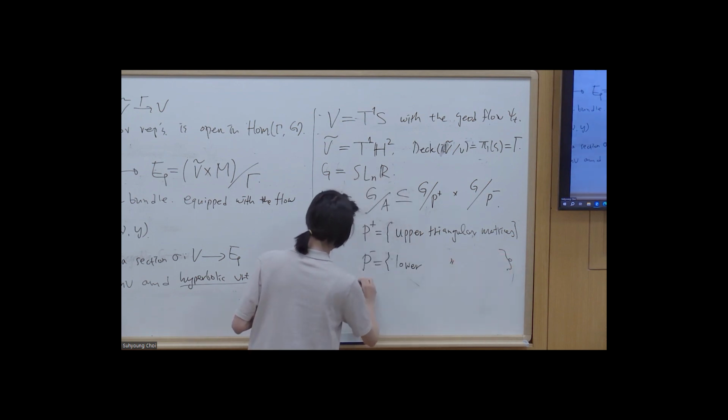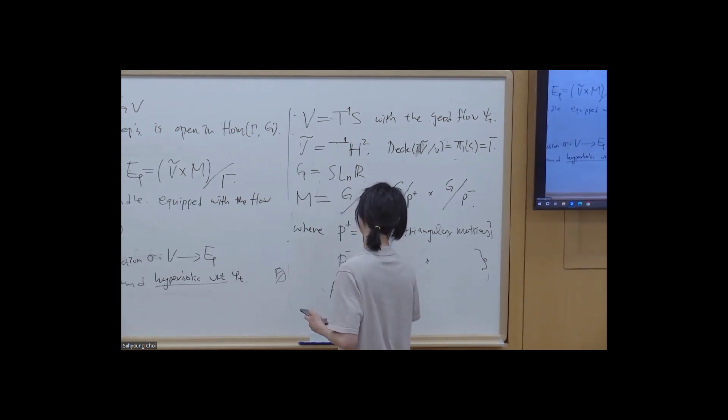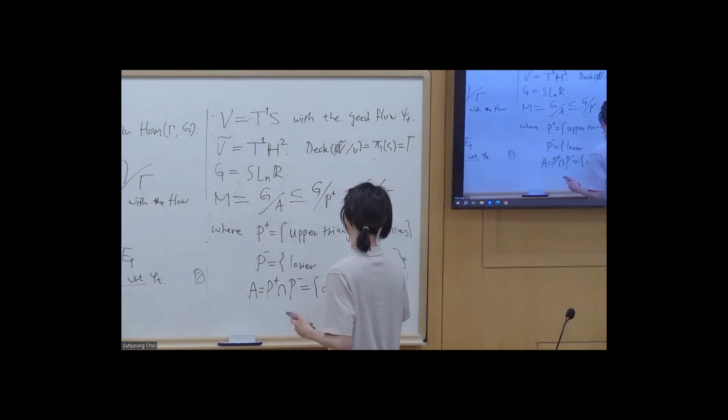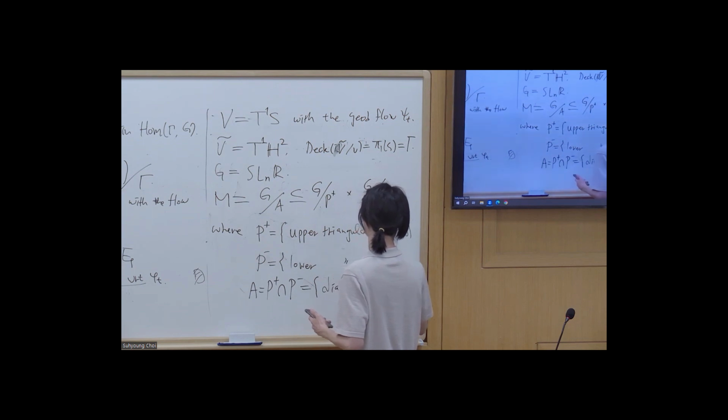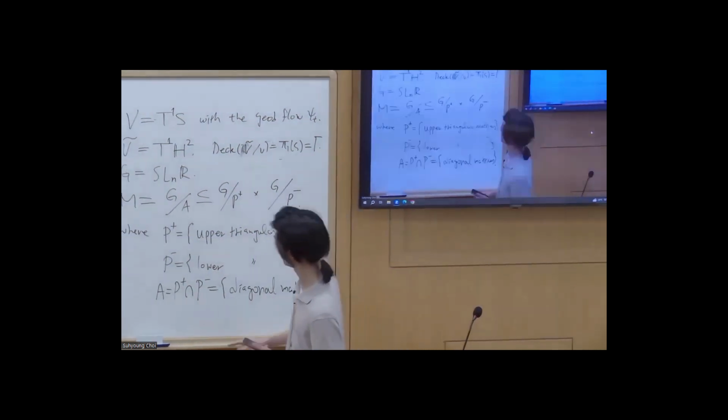And A, the so-called Cartan subgroup, is the intersection of P plus and P minus, which will be just diagonal matrices. That's our setting.